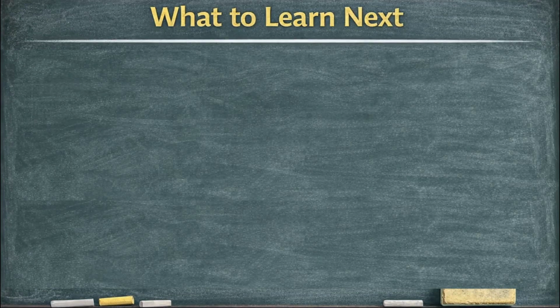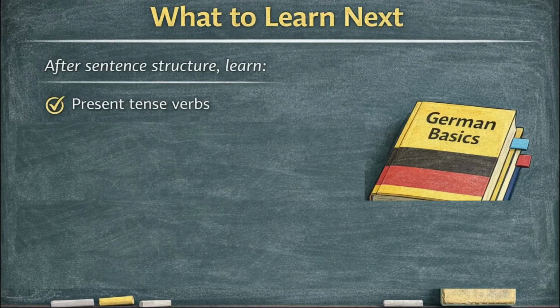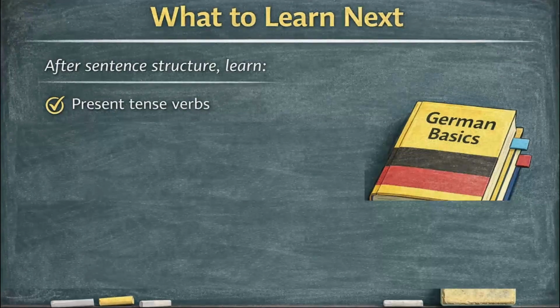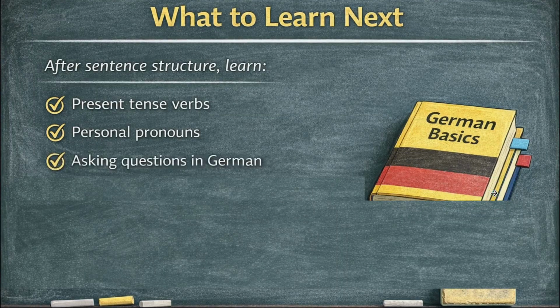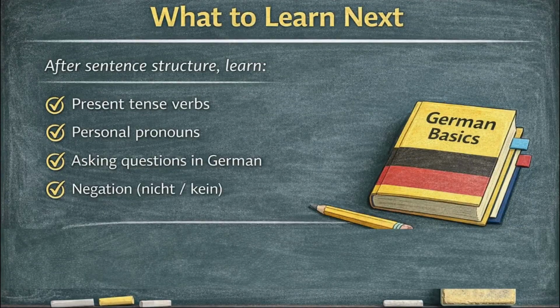You may be wondering, what will I learn next after this? You can go learn about present verbs, personal pronouns like I have mentioned earlier. Also, I have mentioned asking questions in German. Go learn about that. And something else you can also learn about: negation, nicht oder kein.